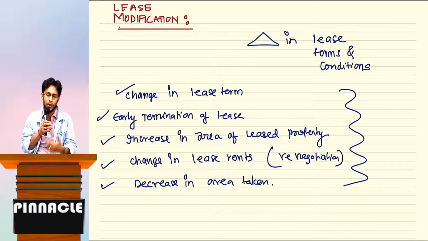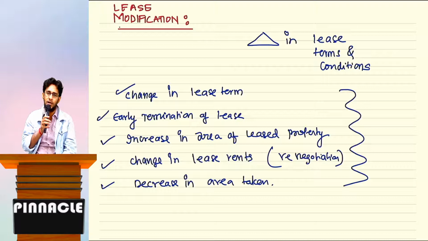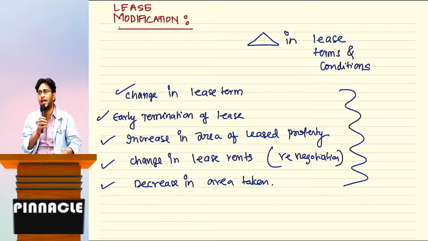For example, you and I wrote a lease agreement for a period of 5 years. There is no option to extend, no termination option, nothing. A plain lease agreement, 5 years. 3 years is over. Now I come to you and tell you, lessor, please kindly allow me to extend the lease for another 3 years. If you agree, the lease period will be extended for another 3 years. But you cannot call it reassessment. Why? The option to extend was not there on the first day itself.